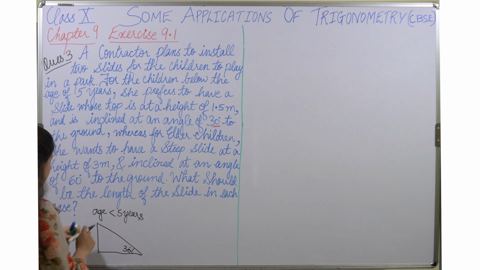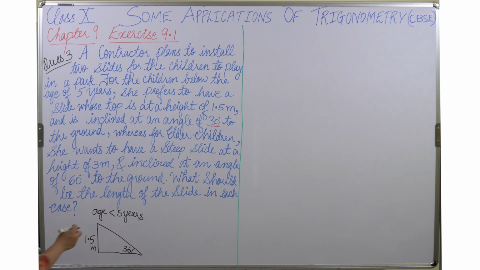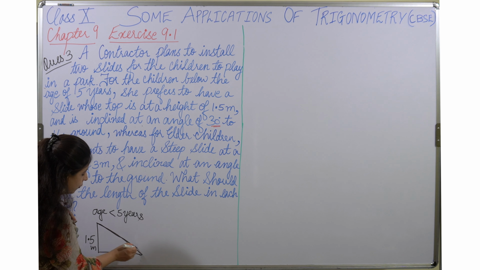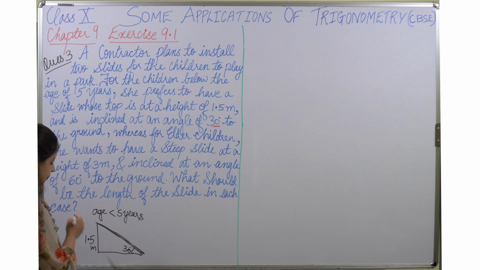And the height of the slide would be 1.5 meters, so that the children would climb up this and slide from here. This is the slide, and this is the length we need to find out.